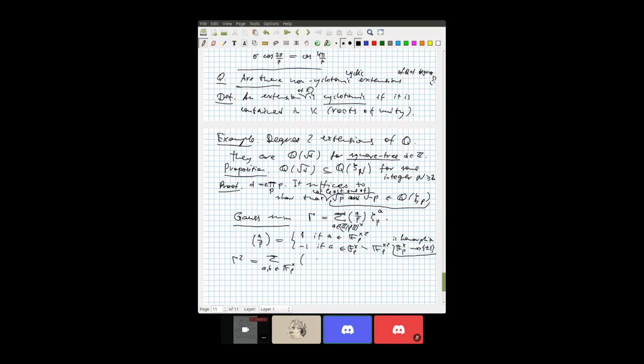So it will be the Legendre symbol of the product ab, and here we will get ζ to the a plus b.